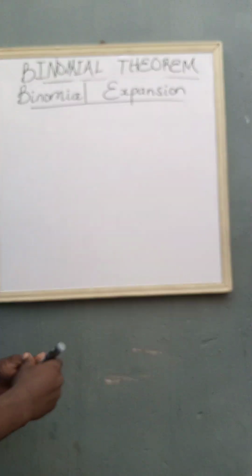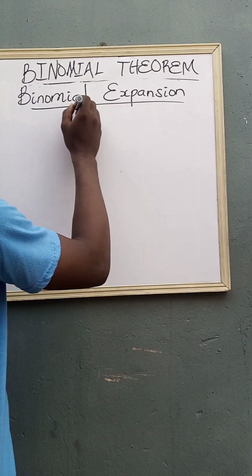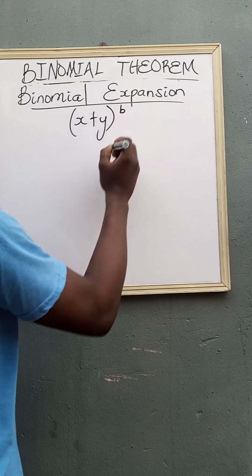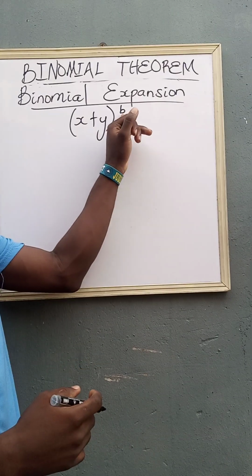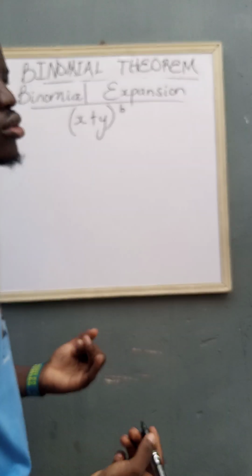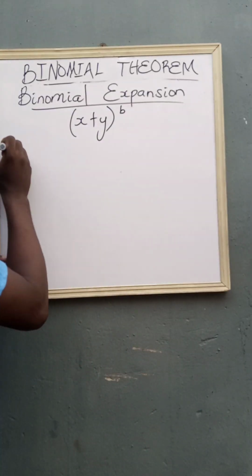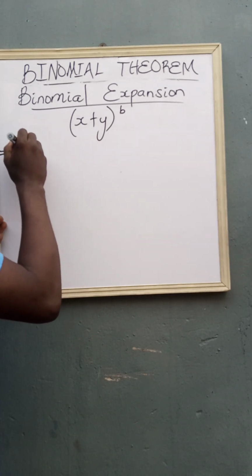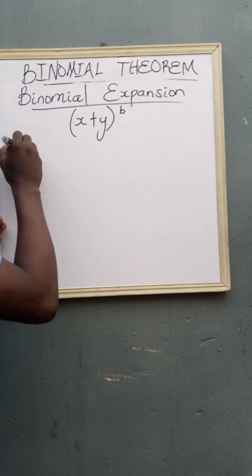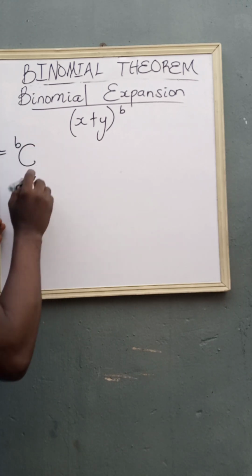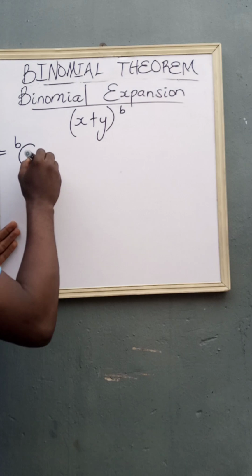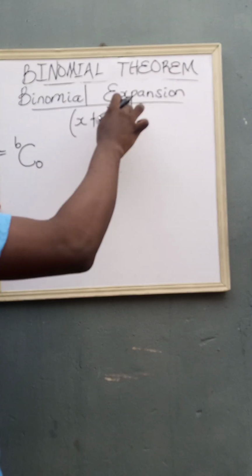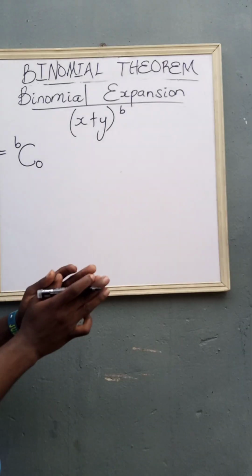Now, say I have my binomial expansion to be (x + y) with a power of, say, b. Now, how do you go about expanding this? You start with the combination first. b combination 0, starting out with 0. b combination 0 is always the first.